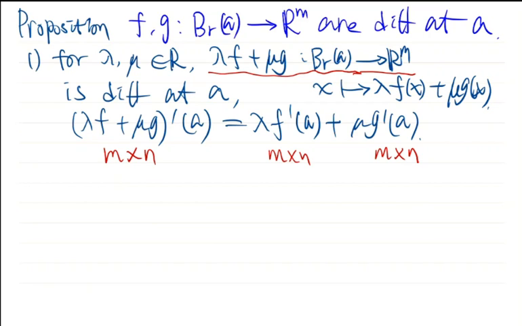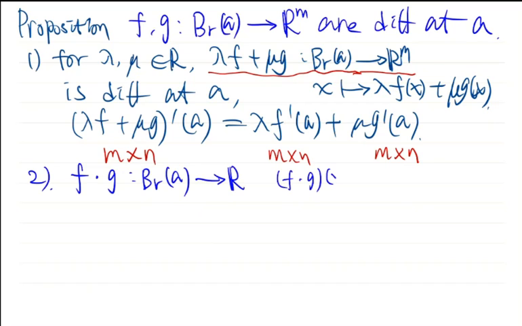The second result: the inner product of f and g, which is a real-valued function generated from the two vector-valued functions defined in the same neighborhood to R. The value of the inner product function at the point x is the inner product of f(x) and g(x).